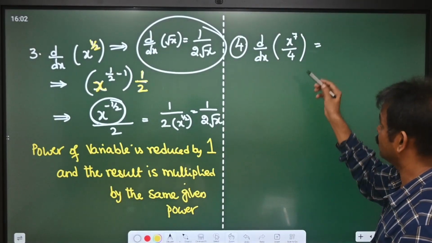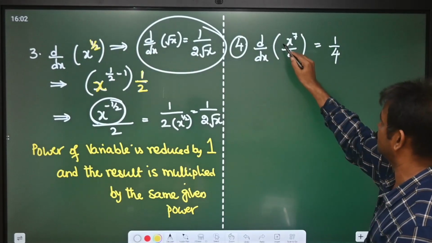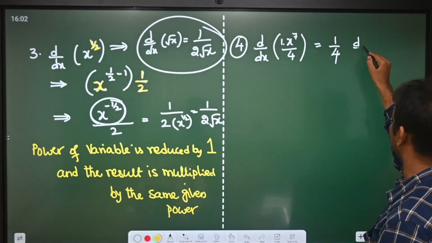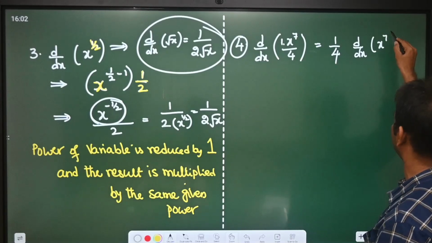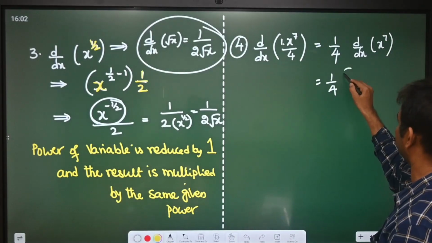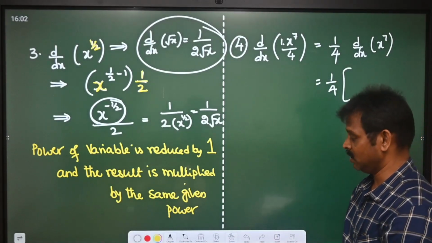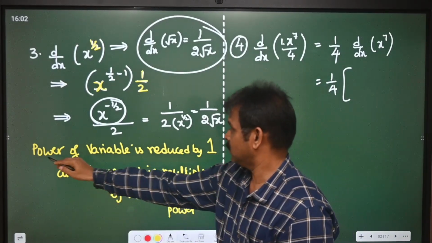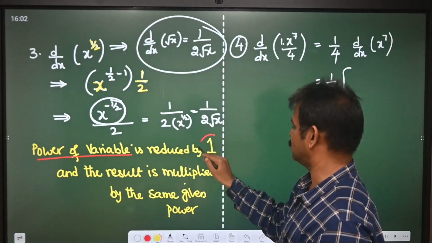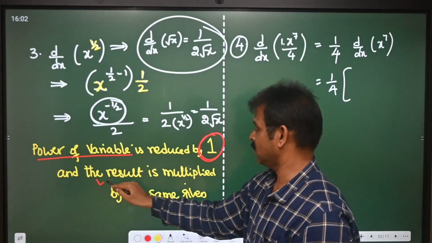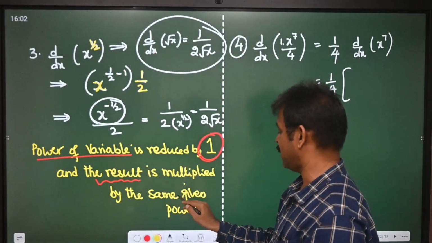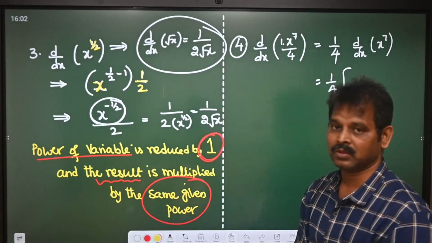And now the fourth problem, d by dx of x power 7 by 4. Here also the constant is 1 by 4. Once again we will remember this one: the power of the variable reduces by 1 and the obtained result is multiplied with the same given power in the question.